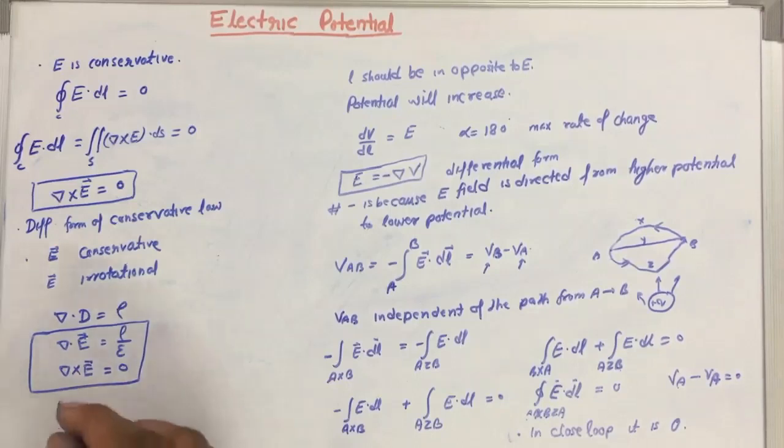So it may be asked in the exams to find the electric field from the given options. In that case you just have to find the curl of those options, and the one that gives you 0 is the electric field.